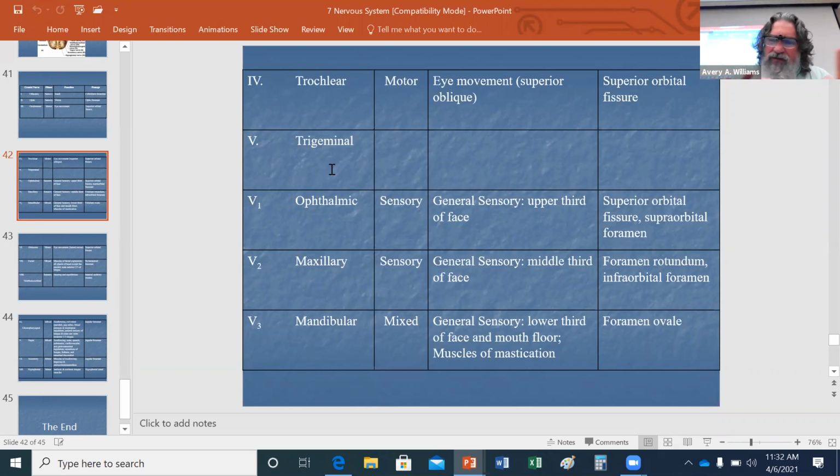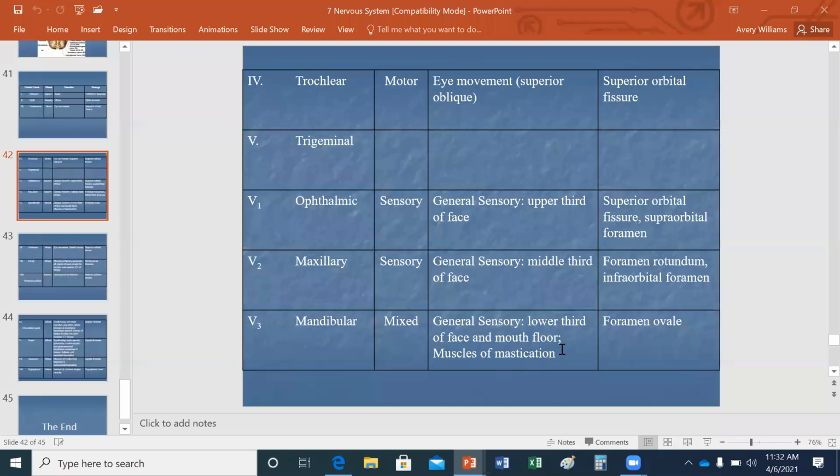But there were some extra things I included too. The motor part, the muscles of mastication, the chewing muscles, is for the mandibular. So that's why it's mixed. It's like three nerves in one. Okay, thank you.